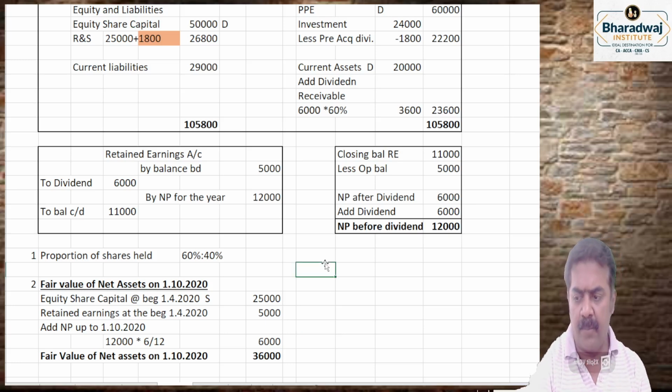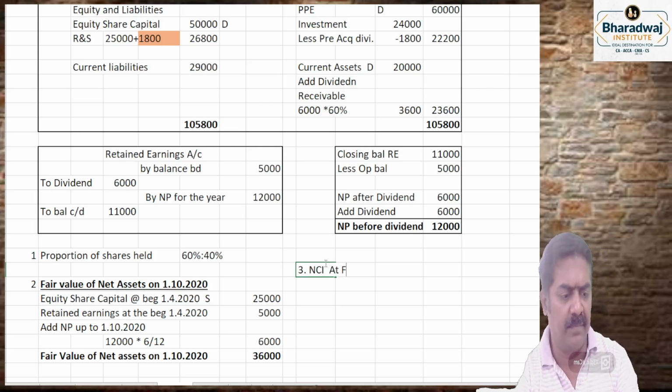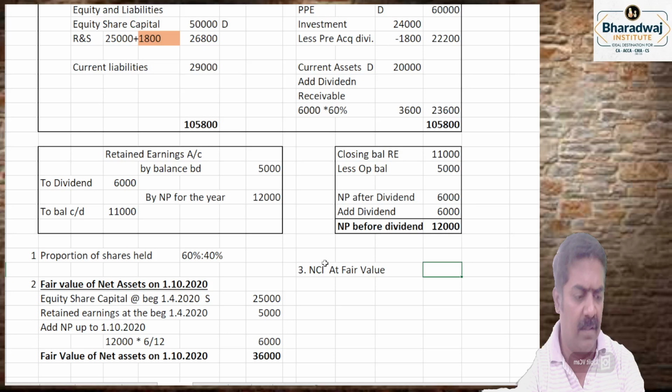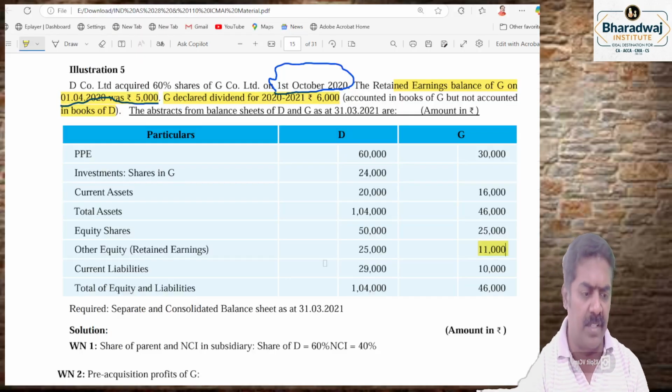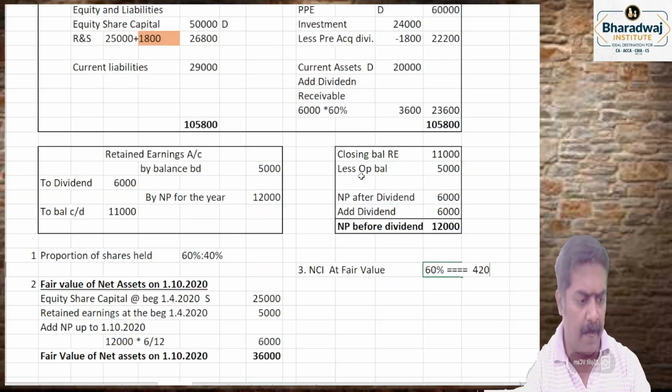Then see how they have asked to value the NCA. NCA we can value based on fair value. Simple. For 60% control, how much amount is invested? It will be on the asset side. 24,000.